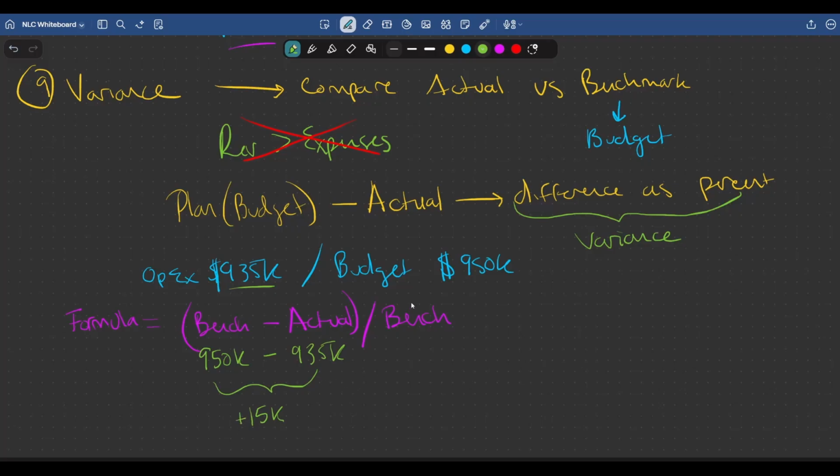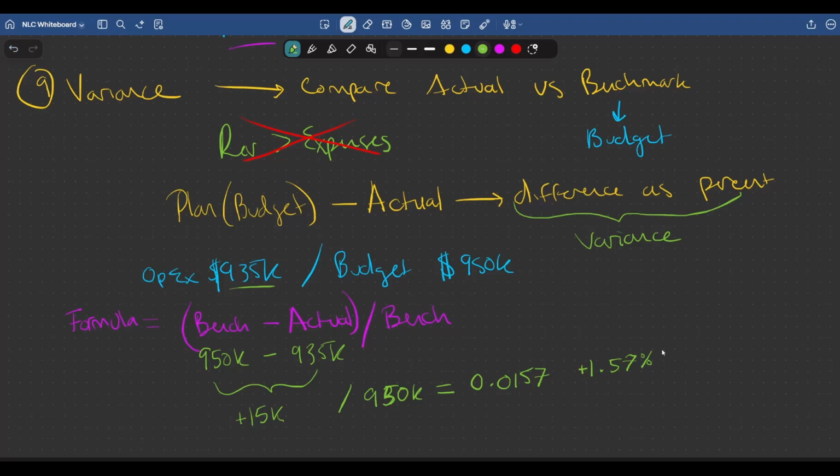That's important. We'll come back to that. And then we're going to divide the $15K by the budget again, which is $950K. And that gives us 0.0157 or 1.57%. So yes, we do have a variance, and this is a positive number, also very important, right?